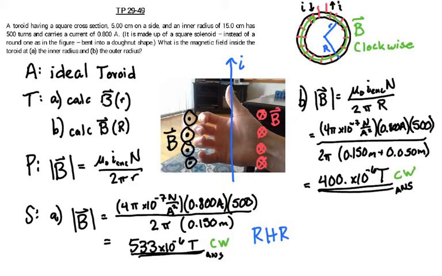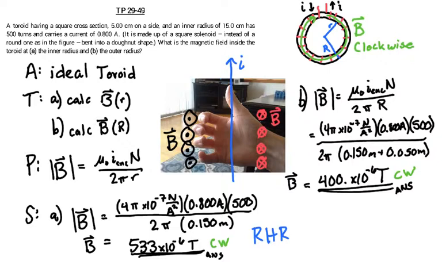So that's what that dot represents. And again, we have microtesla, or times 10 to the negative 6 teslas, and it's moving in a counterclockwise direction. So that gives us both our magnitude and direction. So these are vector quantities, not just magnitudes. All right.